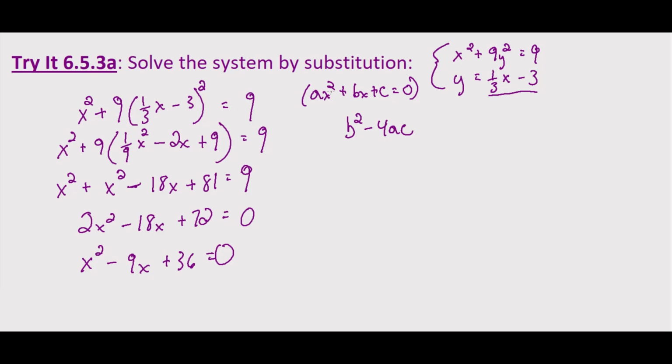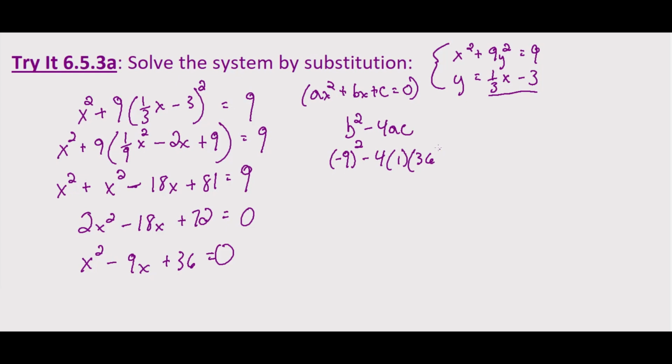So b squared minus 4ac, in this case b is negative 9, so negative 9 squared minus 4 times our leading coefficient, a is 1, and then c is the plus 36.